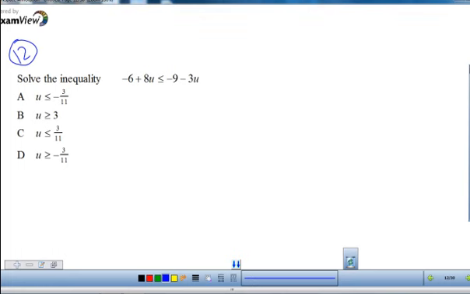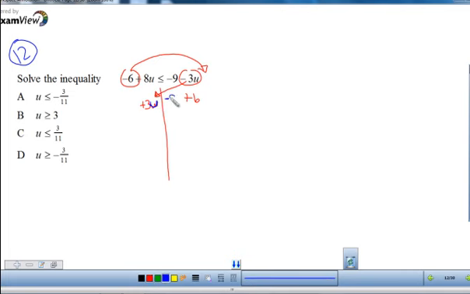Okay, so the inequality. Not absolute value, so it just has one answer. So I'm going to move this 6. That's going to become a positive 6. I'm also going to move the negative 3u, so it becomes a positive 3u.